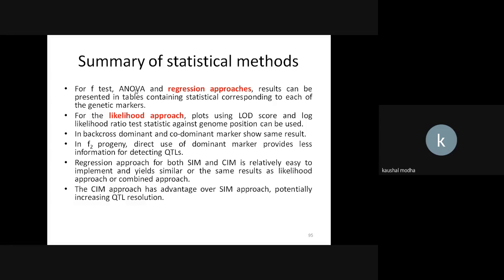So in older QTL papers, around 2005 to 10, generally a LOD score of 3 is considered better. But nowadays, to decide the LOD score for a particular experiment, a statistical solution is utilized. Suppose you have the markers, you have the quantitative trait, and you have identified several significant QTLs.